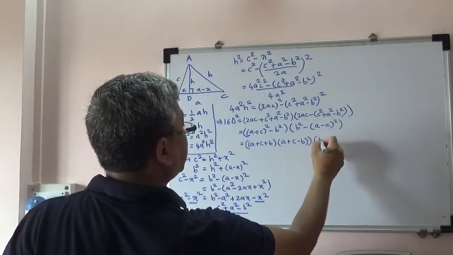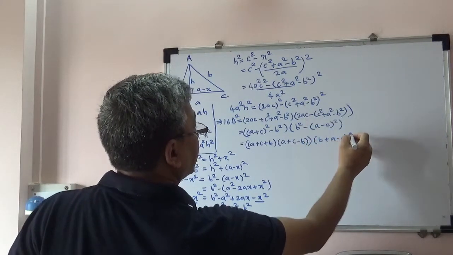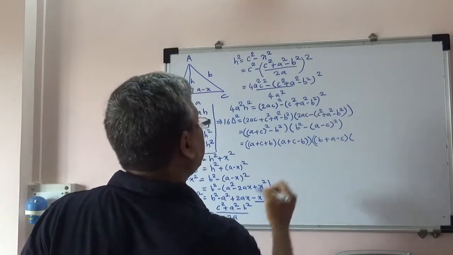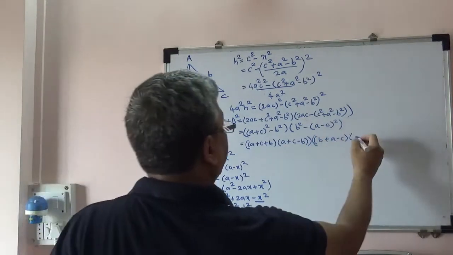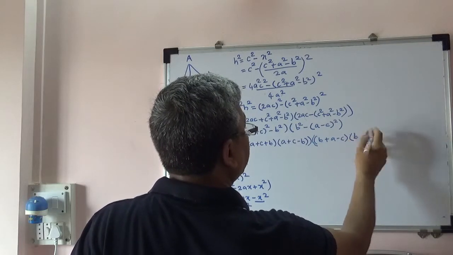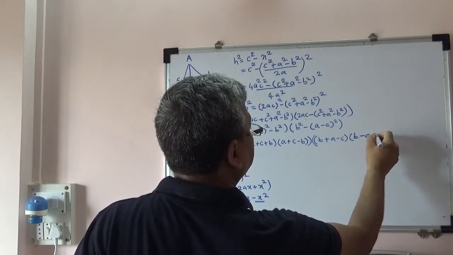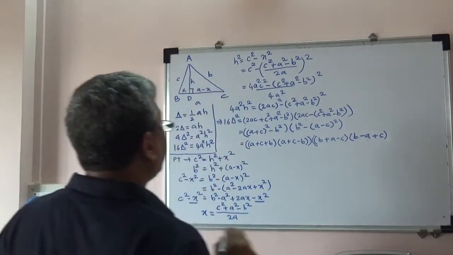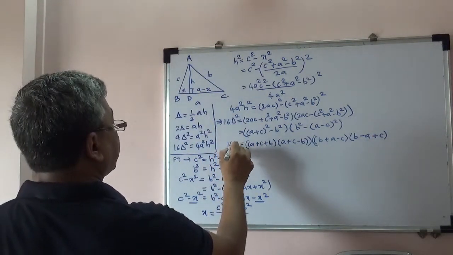Here it will be b plus a minus c, and the fourth factor will be b minus a plus c, which is 16 delta square.